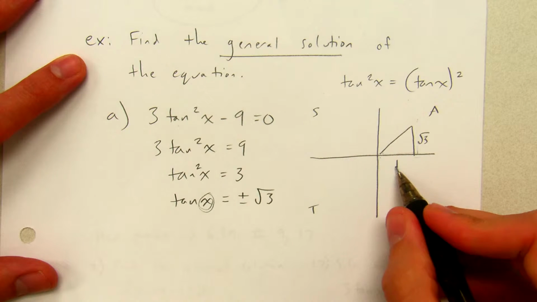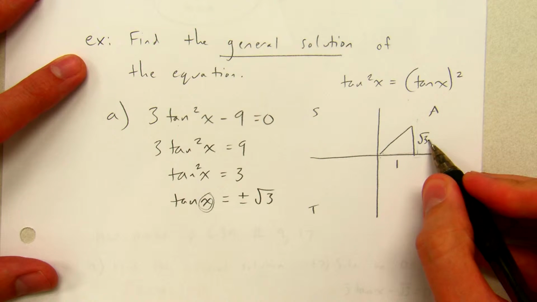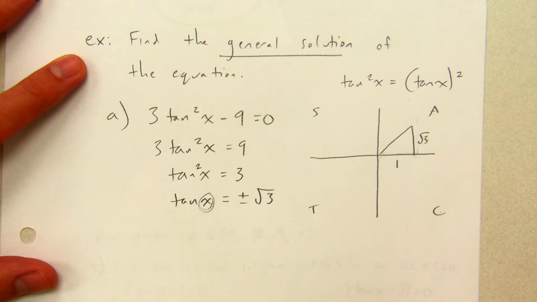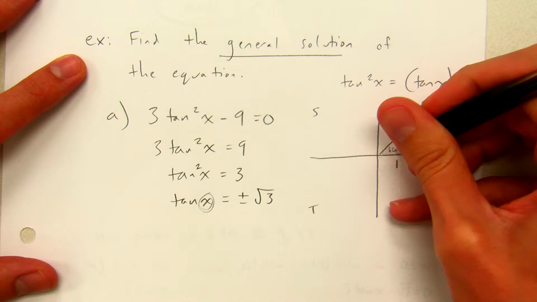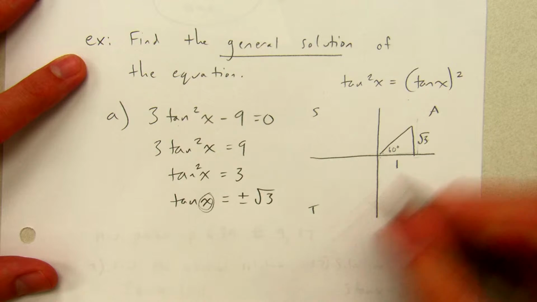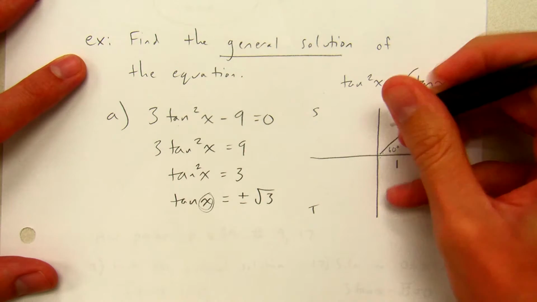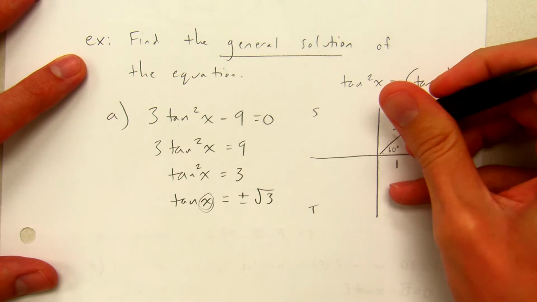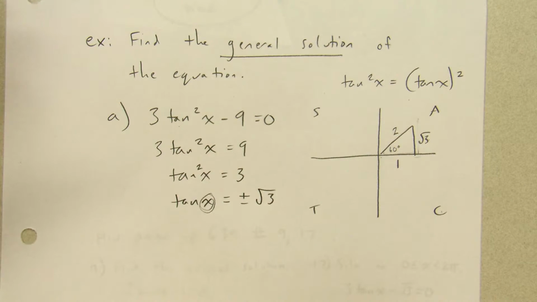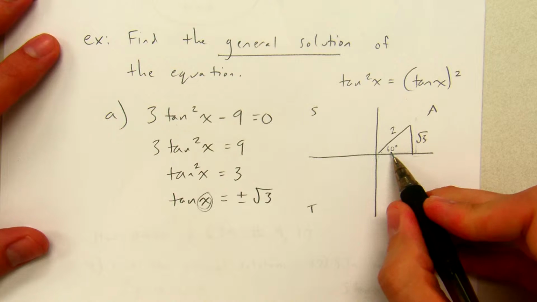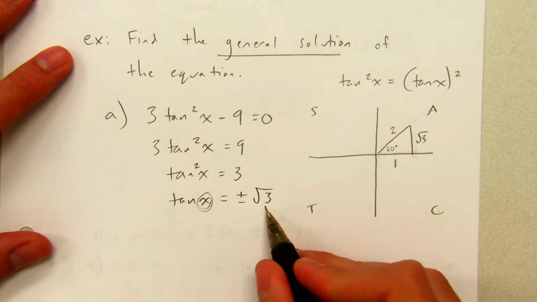Now, if this is 1 and this is root 3, what angle is this? This would have to be a 60-degree angle, right? And what would the hypotenuse be, out of curiosity? With legs 1 and root 3, the hypotenuse would be twice the shorter side, so 2. So I know that it's a 60-degree central angle that gives me tangent of root 3.